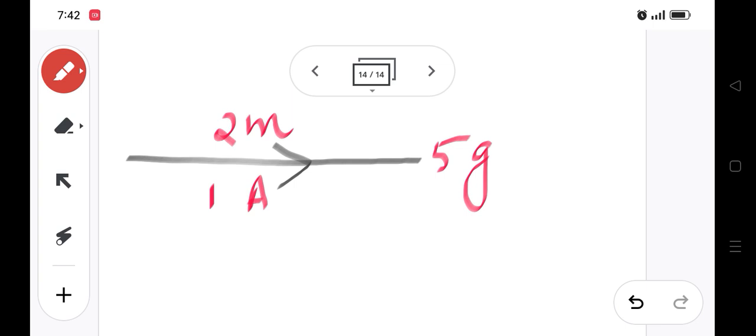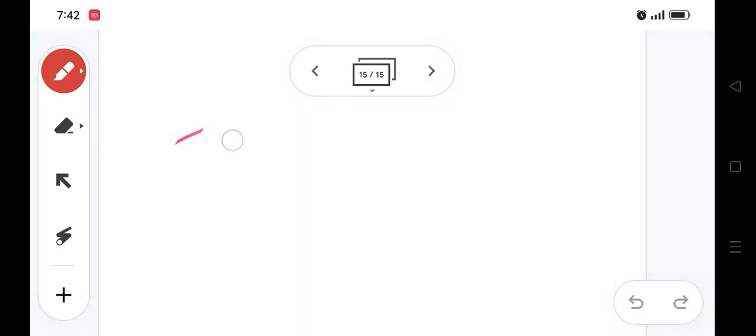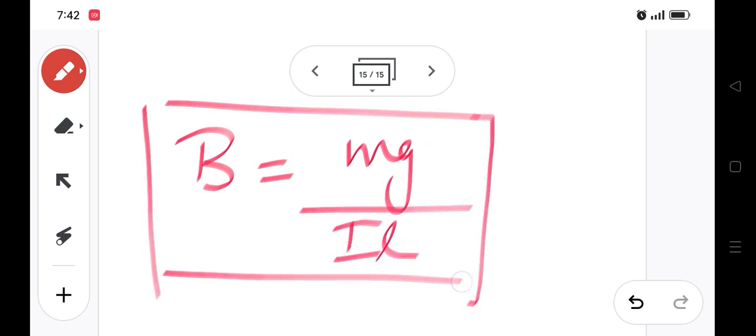In that case we can use the equation mg equals ILB, because here L and B are perpendicular to each other. So IL cross B is ILB sine 90, and sine 90 is equal to 1. It becomes mg equals ILB. So B equals mg by IL. We can substitute the values and find out the answer.